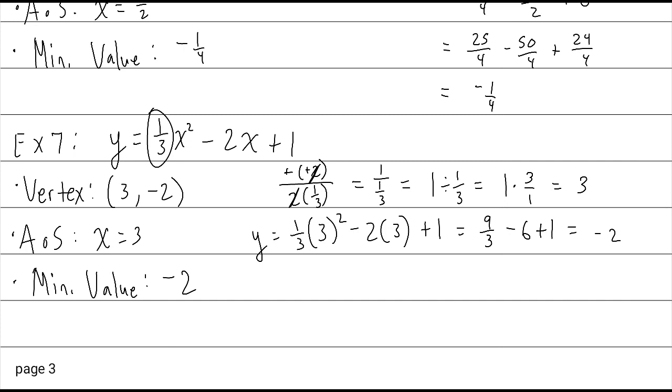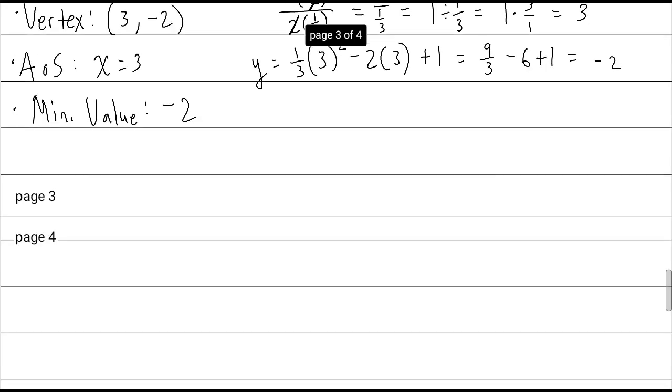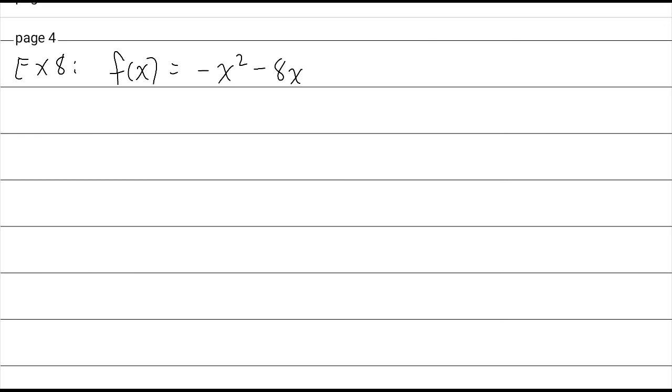All right, one more example, and then we'll be done with this. Okay, example 8, we have f of x equals negative x squared minus 8x plus 5. Let's find the vertex and everything else.